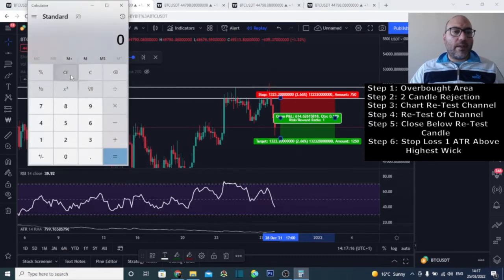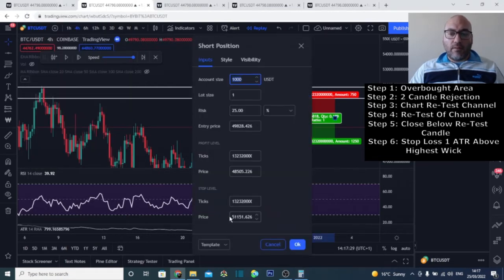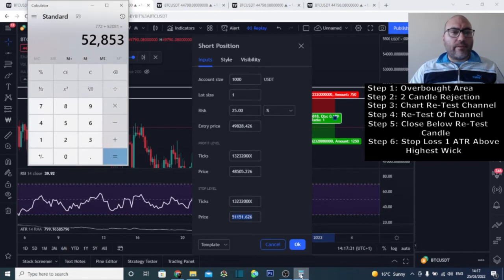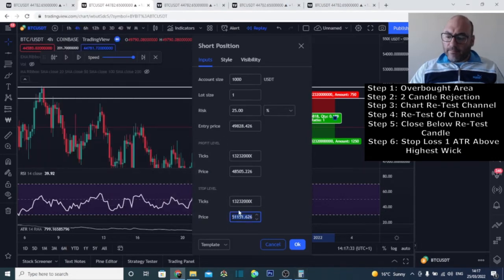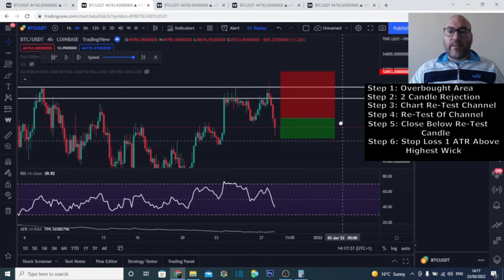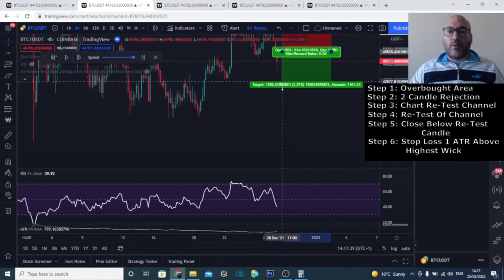So 772, the ATR, plus the highest wick, which is 52081, gives us our stop loss, which was 52,853, with a profit target of 1 to 1.5.